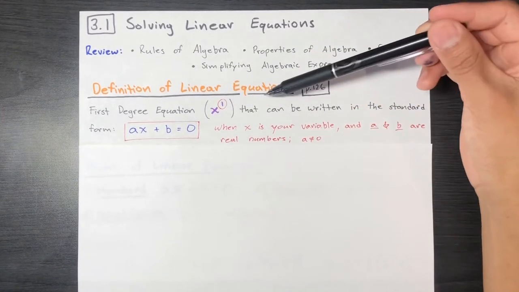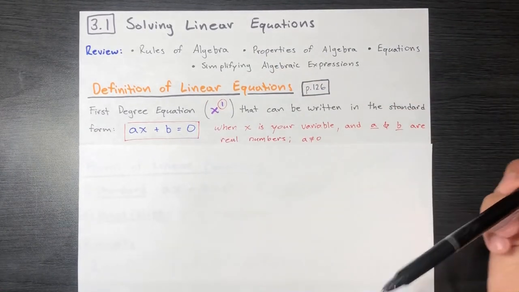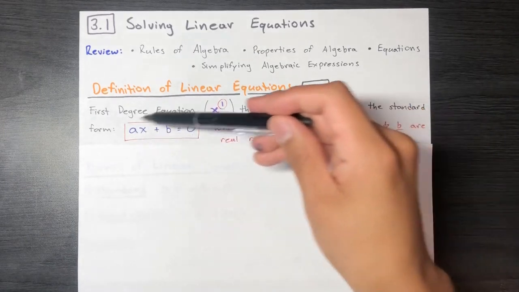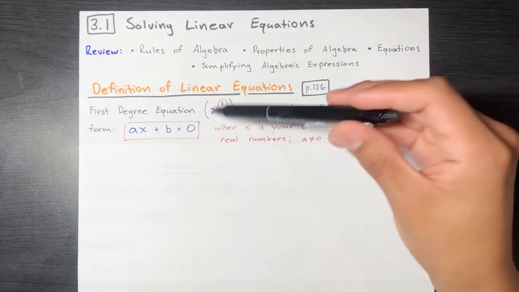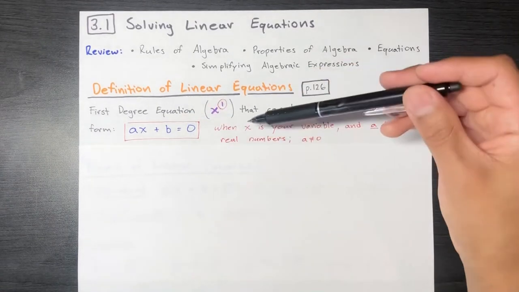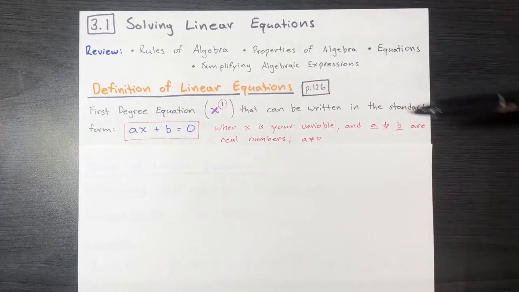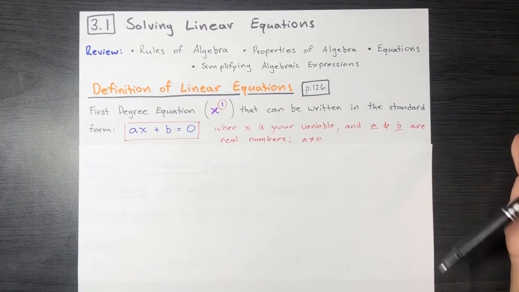It's a first degree equation that can be written in the standard form, ax plus b equals 0. Okay, so remember this is your standard form. This is only acceptable when x is your variable, right? So if it's a first degree equation and I'm saying that it's x to the power of 1, that means obviously that x is my variable, and a and b have to be real numbers, and a cannot equal 0.